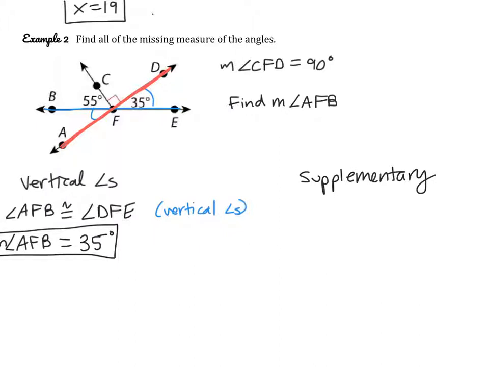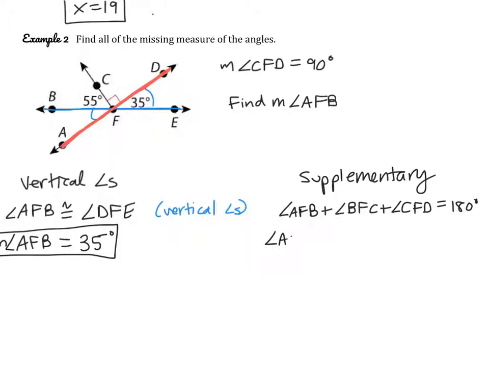So I know I can make this statement that angle AFB plus angle BFC plus angle CFD equals 180 degrees. They are supplementary. I did this angle plus this angle plus this angle. So anytime you see a straight line, you can use supplementary angles to help you find missing parts.